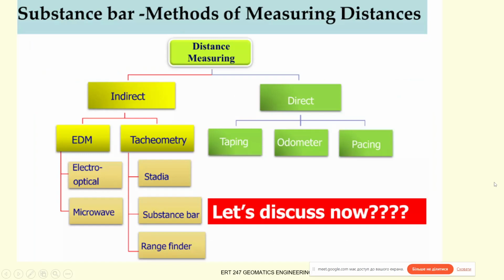So to conclude, we have a few possible methods of distance measuring. First of all, direct and indirect methods. Direct methods mean we use equipment that we should put directly in the line that we should measure.